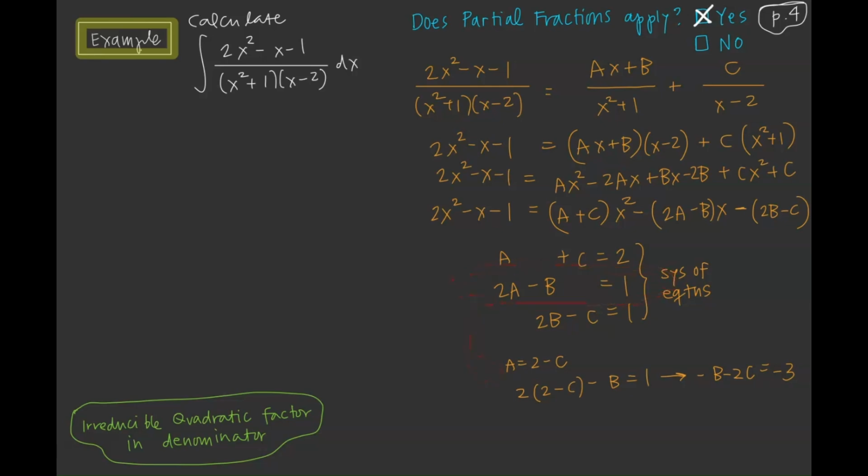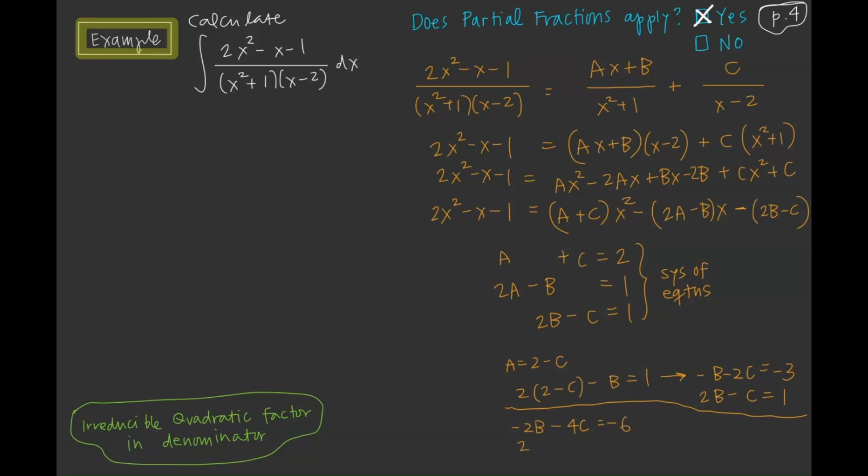Now the third equation says 2b minus c equals 1. And then we will take these guys right here and solve for b and c. I'm going to multiply the top left and right sides by 2. And so I have a -2b minus 4c equals -6.